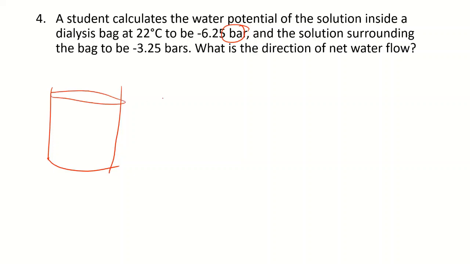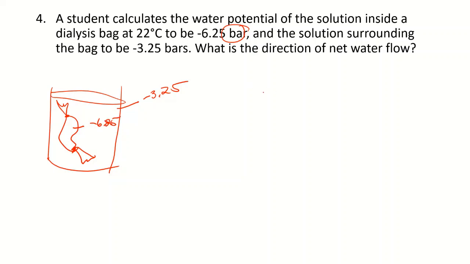It has fluid in it. The fluid has a water potential of negative 3.25. You have dialysis tubing inside. And that dialysis tubing has a potential of negative 6.25.